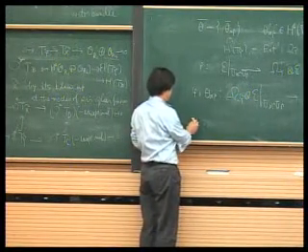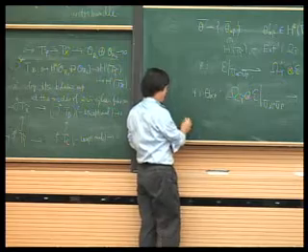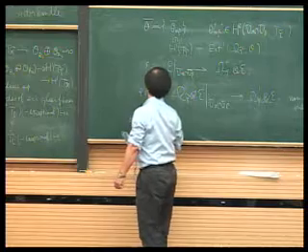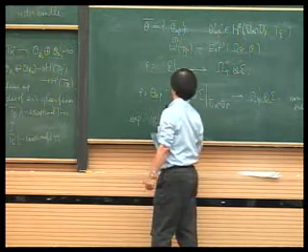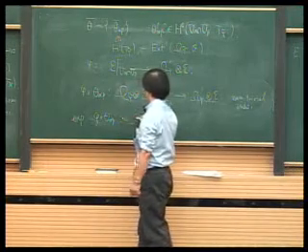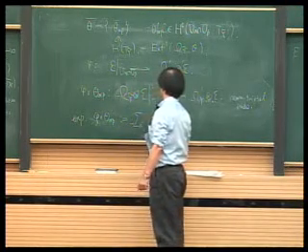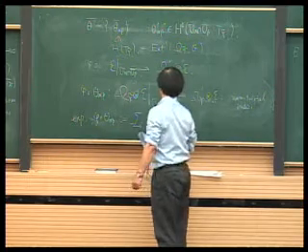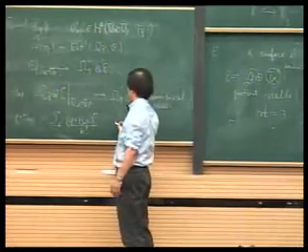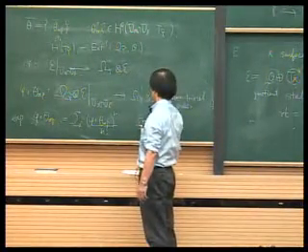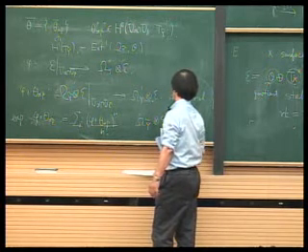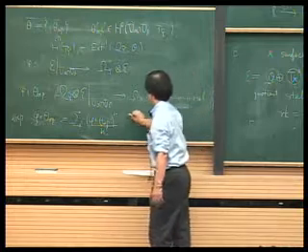And consider this map, the exponential of this map. This is just sigma I naught. This map maps this automorphism. This is an automorphism.